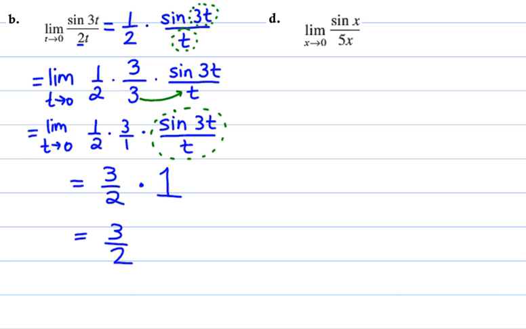So I am going to rewrite this with my mathematical powers as 1 over 5, basically ditching the 5 and making it get out, times sine of x over x. And voila! I have reached the point that I wanted very quickly. This is my special trig limit, sine of x over x. It equals 1.